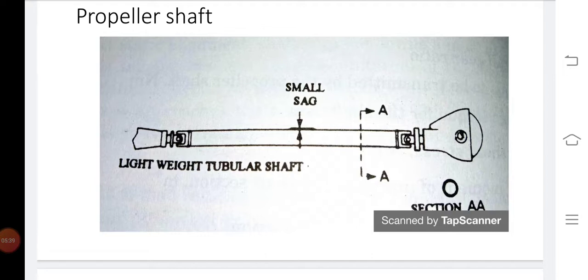A propeller shaft over 1.5 meters in length between universal joints can cause unbalance problems. So shaft lengths are minimized by using a long transmission extension housing and a center universal joint with a two-piece propeller shaft.